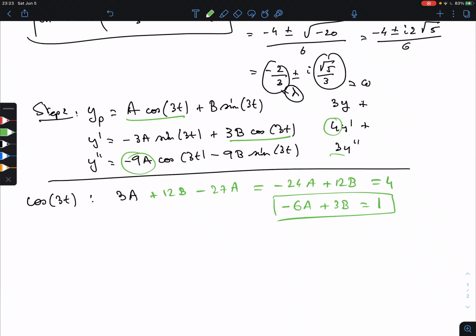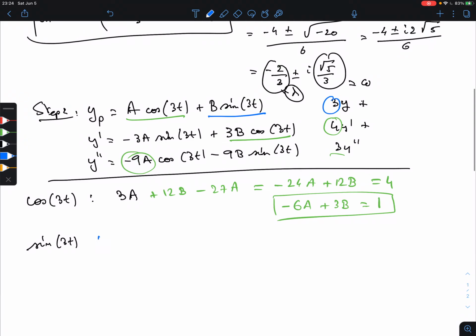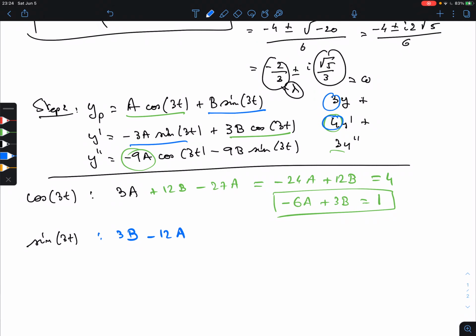And the other one is the coefficient of sine 3t, so I'll do it in blue. We have b, but it's taken 3 times, so 3b. And we have to take 4 times minus 3a, so minus 12a. And we have to take 3 times minus 9b, so that is minus 27b.